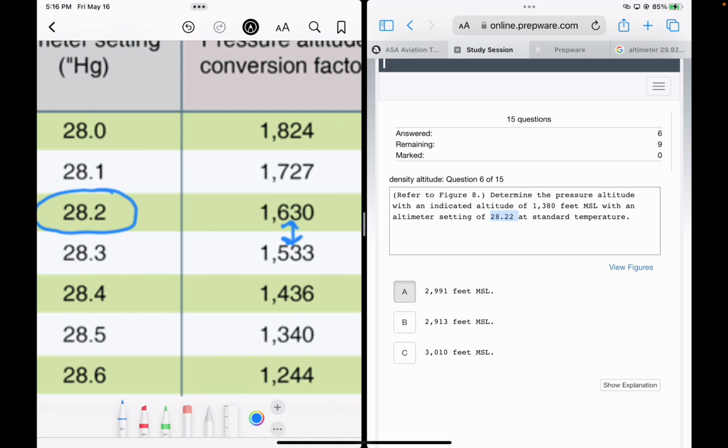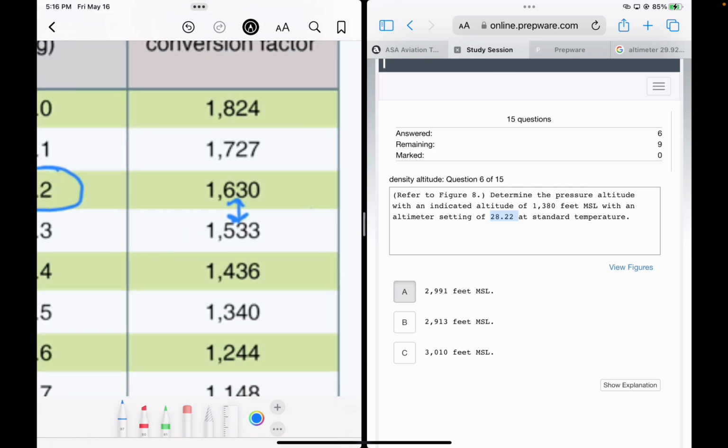First, what we do is we find the difference between these two numbers. So we subtract them. So I'm going to take out my calculator. 1630 minus 1533. That number is 97.